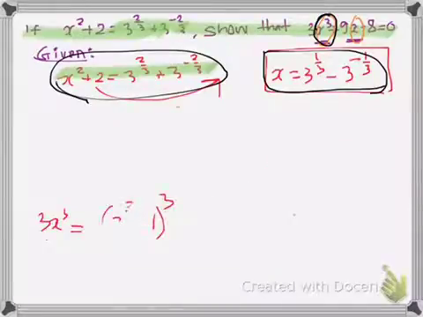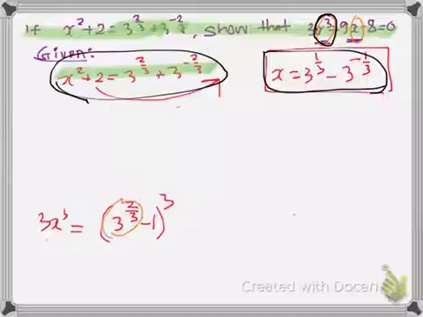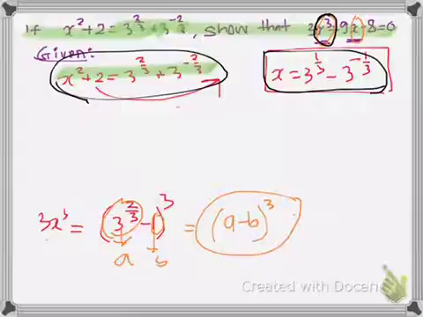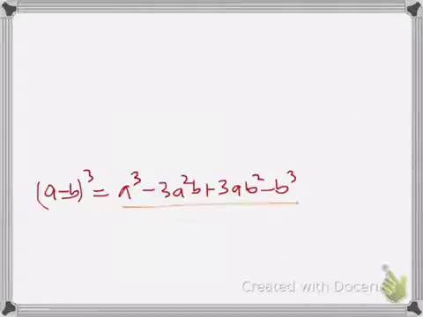Since the first term 3 to the power 2 by 3 can be referred to as a and 1 can be referred to as b, it's in the form (a minus b) whole cube. So when we expand this formula, we get: (a minus b) whole cube is equal to a cube minus 3a squared b plus 3ab squared minus b cube.